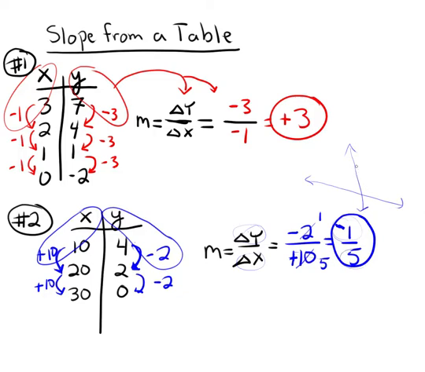So that means I'm going to go down 1 and positive 5 over. So that means it's going to be the shallow one. A steeper one would have to be like down 5 and then over 1. That would be a different slope. So the 1/5 would be that shallow one.